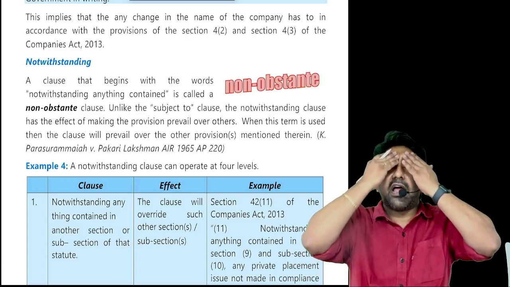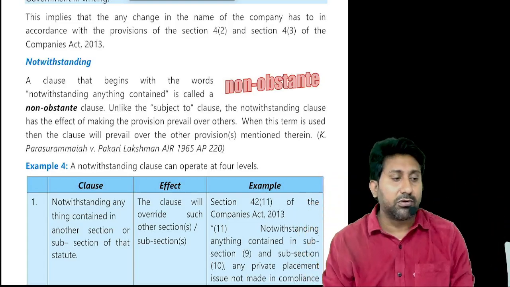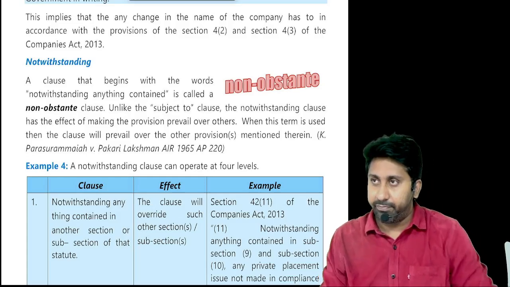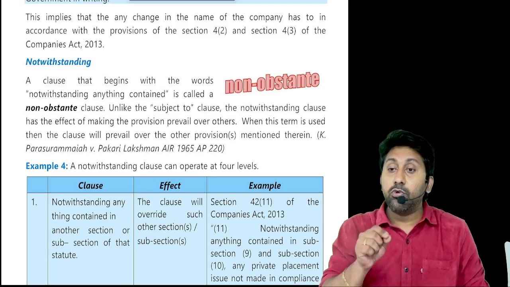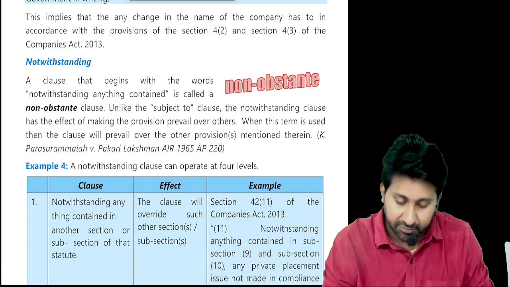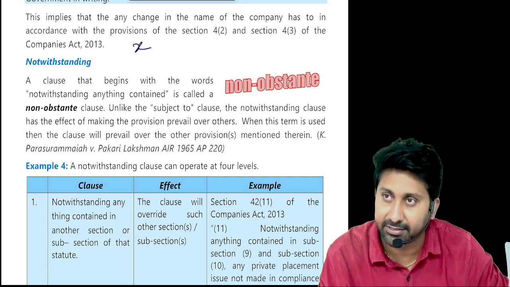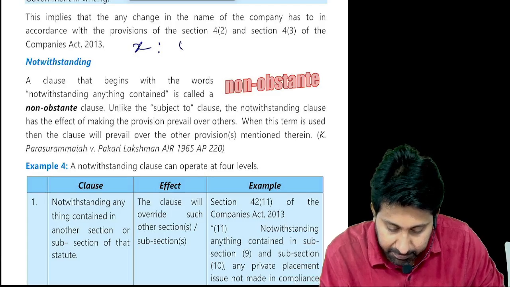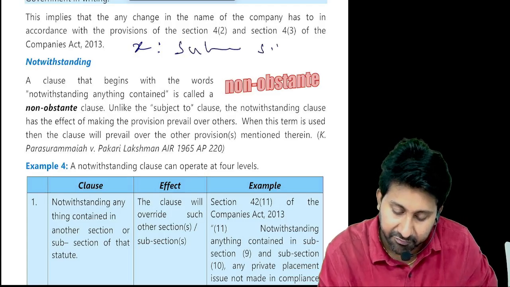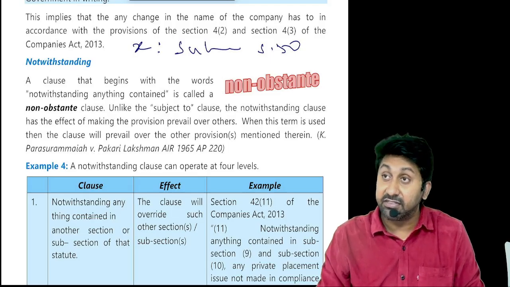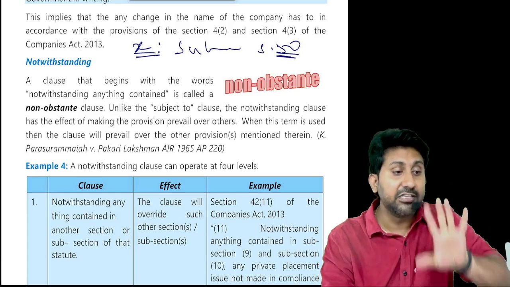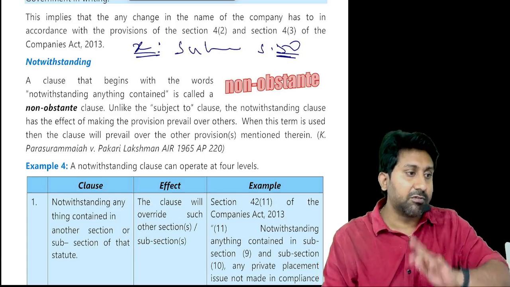Notwithstanding, class, how many times have I said about this? Listen. Notwithstanding means ignoring. If I use the words subject to provisions, for example, there is a section called X. In this section X, I wrote subject to provisions of section 50. Which is more important? Section 50 is more important. 50 prevails over this.